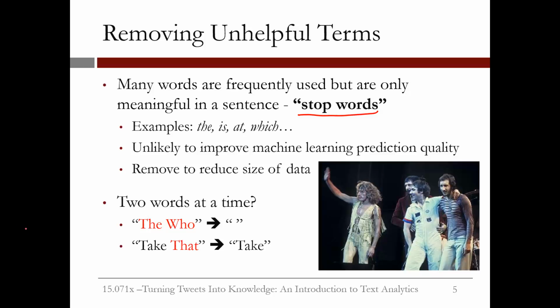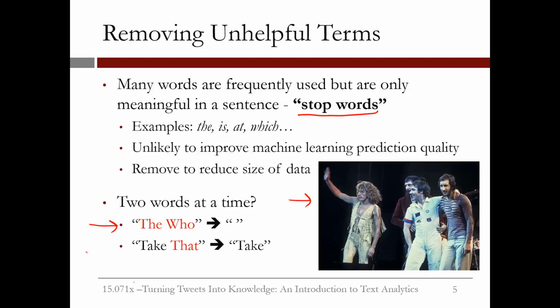There are some potential problems with this approach. Sometimes two stop words taken together have a very important meaning. For example, the Who, which is a combination of two stop words, is actually the name of the band we see on the right here. By removing the stop words, we remove both of these words, but the Who might actually have a significant meaning for our prediction task.